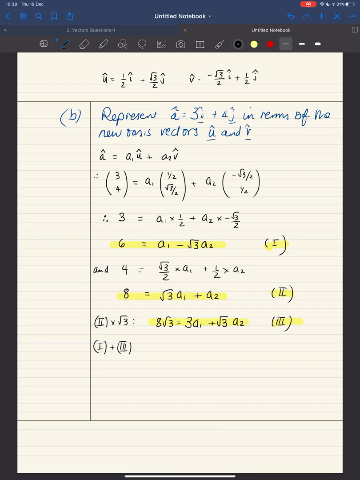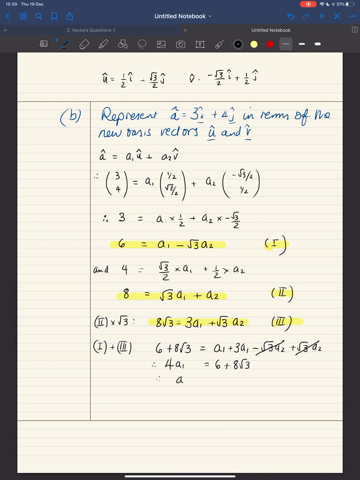Equation 1 plus equation 3, so we get 6 plus 8 root 3 on the left equals a1 plus 3a1 minus root 3 a2 plus root 3 a2. They cancel, and that's what we wanted them to do. So we can say 4a1 is 6 plus 8 root 3.